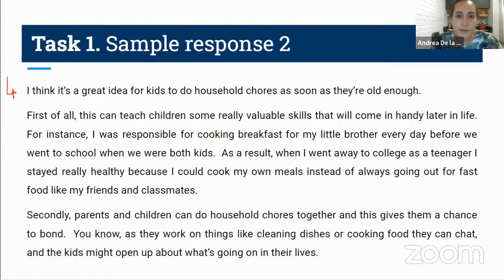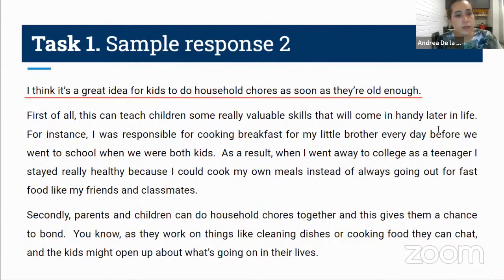So what is this first sentence that we have in here? What is the speaker doing there with that first sentence? The speaker is answering the question, right? In the first sentence.